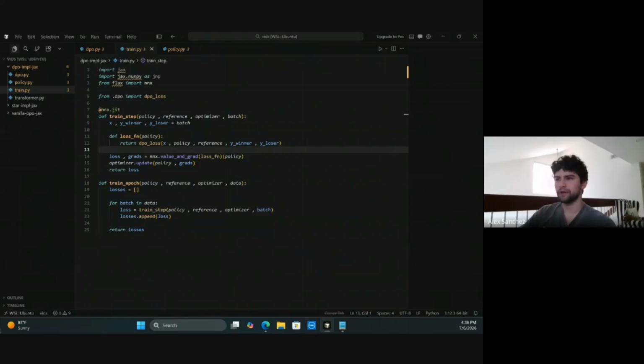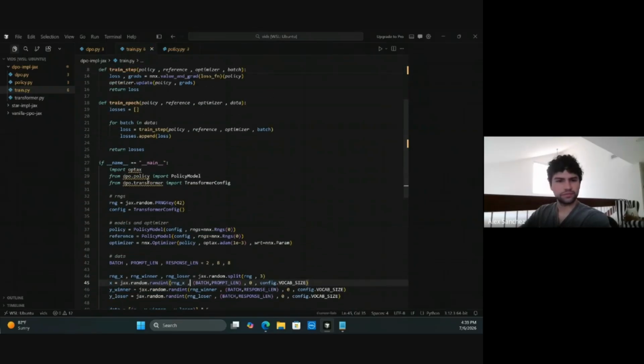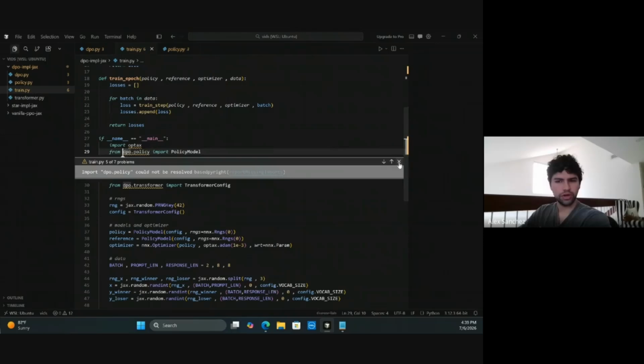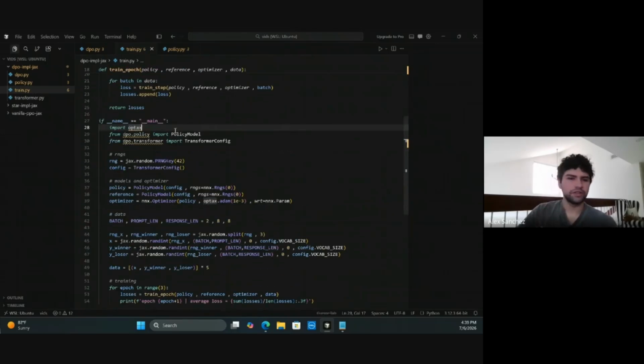I'm going to copy and paste what I have in the repository as the test. We're going to import optax. Oh, I don't have any of these things installed, but for your test, you're going to want to import all of these.